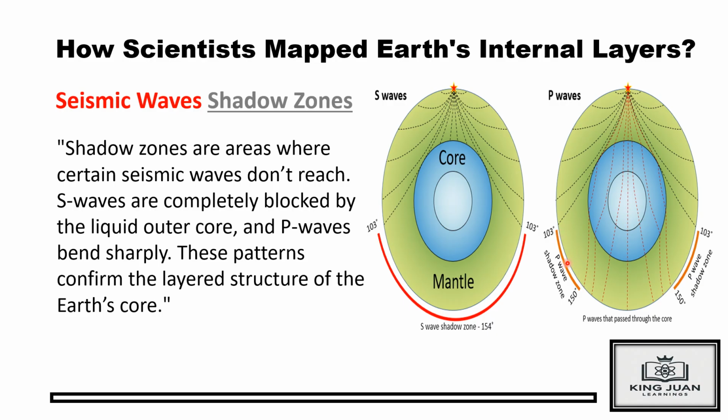And also here on this picture, you have the P wave shadow zone, which again tells us that no P waves are recorded around this area of the mantle. So let us try to further analyze how P waves and S waves occur.